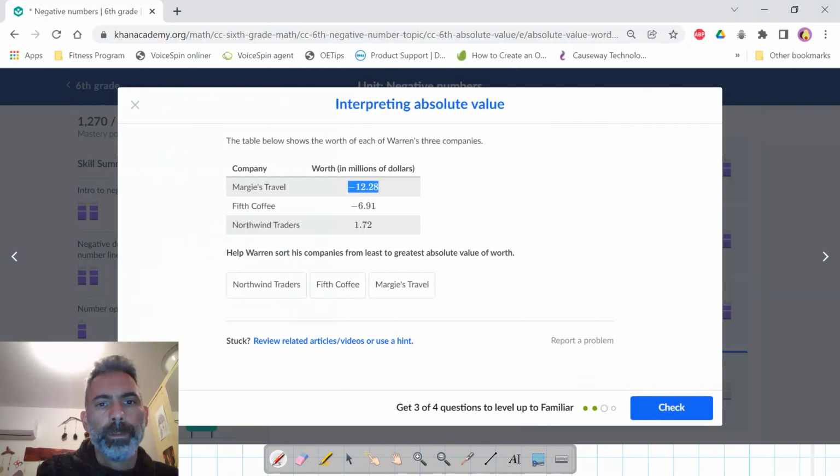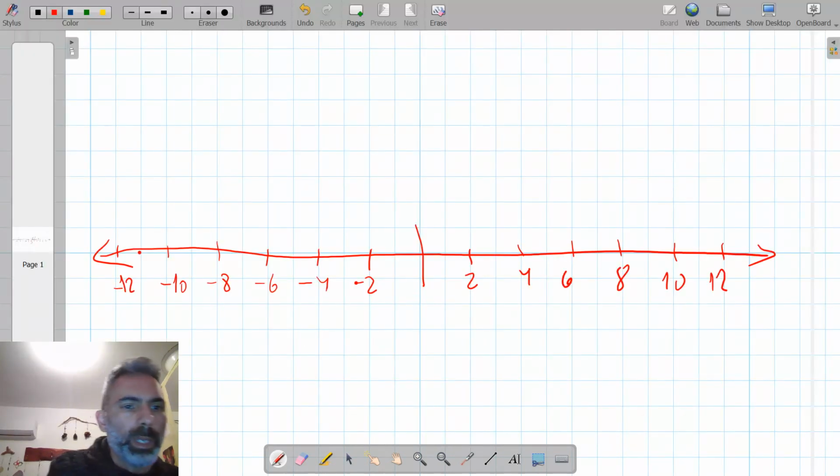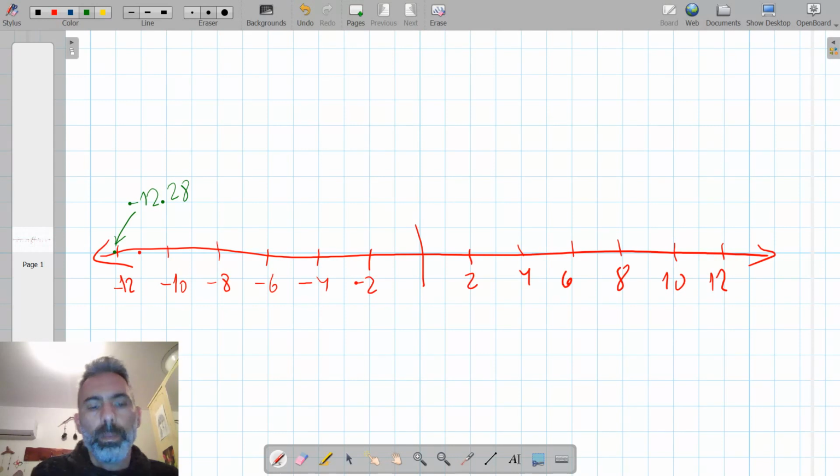So -12.28 is a bit to the left of the negative, so this is negative 12.28, but the absolute value of 12.28 is here. The absolute value is the distance from the zero.